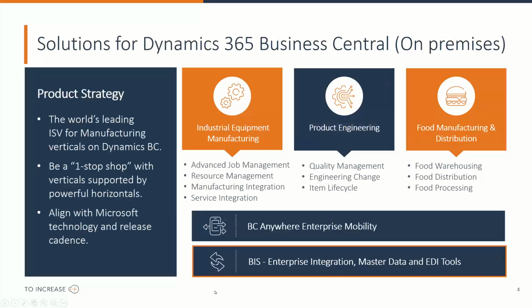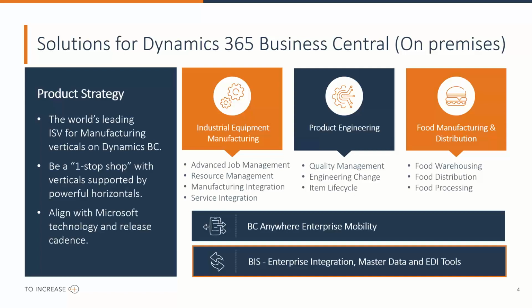So for Business Central, our product portfolio has looked like this for years, and I'm specifically talking about the on-premises portfolio. For Business Central, we have 2 main verticals: industrial equipment manufacturing, and food manufacturing and distribution. In between them is a supporting product, product engineering, that's mainly supporting industrial equipment manufacturing.